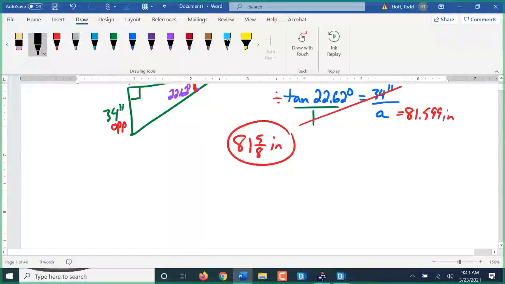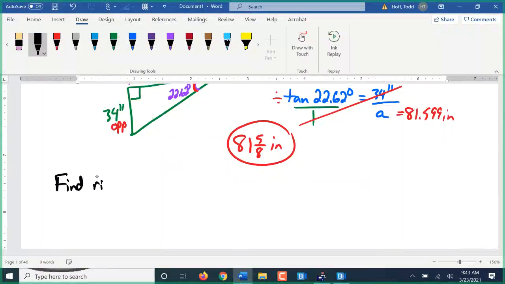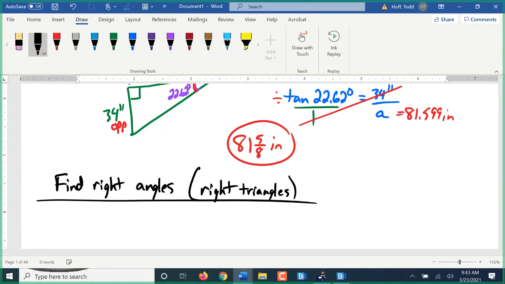So when we're working with these applications of right triangles, we need to find right angles in our situation. And of course, from the right angles, we'll construct triangles around them. So we'll find right triangles from those right angles. One of the strategies that we have found for finding those right angles, or anything that's going to be perpendicular, is vertical and horizontal lines.